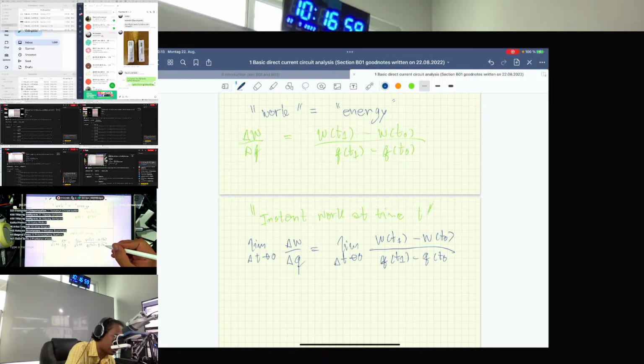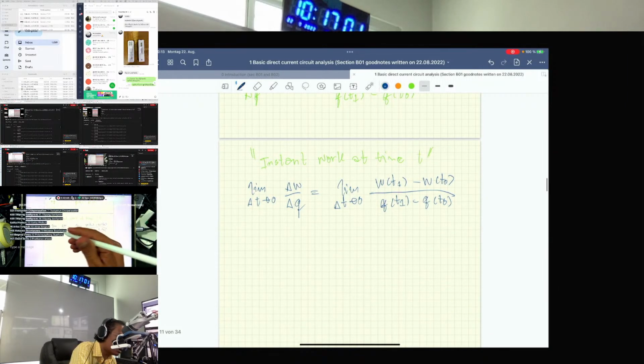Okay, yeah, like this, and it's equivalent to taking the limit of delta Q to 0 actually.